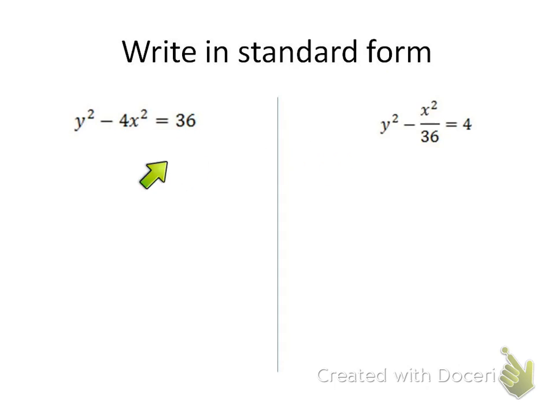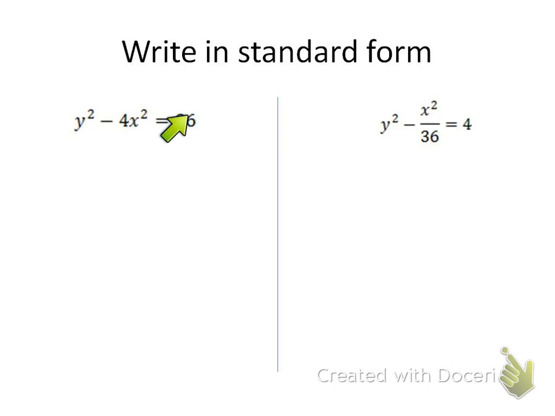The only thing different between these two and ellipses is this minus sign. So we're going to practice writing it in standard form, whether we have coefficients or whether our coefficients look like fractions, and what do we do with these. The strategy whenever you have coefficients and no fractions: this side of the equal sign needs to equal 1, especially in a hyperbola or an ellipse.